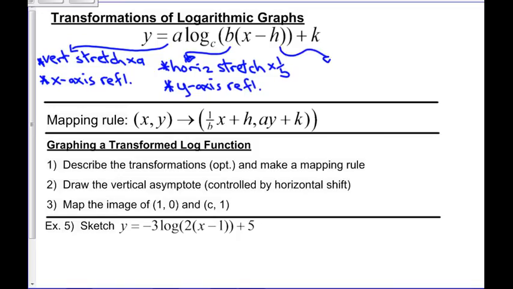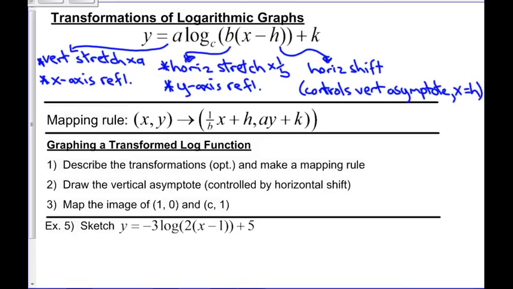All right, the h, that is your horizontal shift. And that's going to end up controlling the vertical asymptote. It'll shift it either to the right or the left, such that the vertical asymptote has an equation of x equals whatever that h value is.